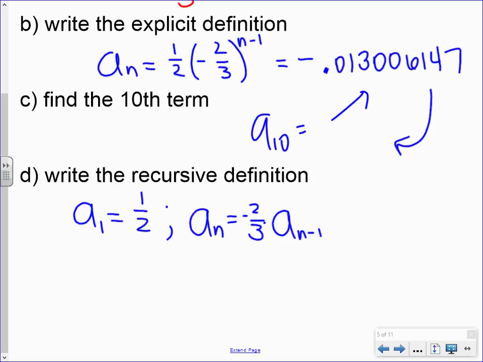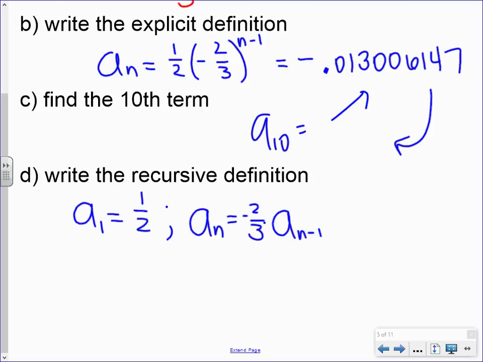Do you agree with Henry? Yes, okay. We want to put the 2/3 at the end, or in parentheses. I don't care if it's multiplied to the front or to the back of a sub n minus 1. As long as it's multiplied, that's all I care about.